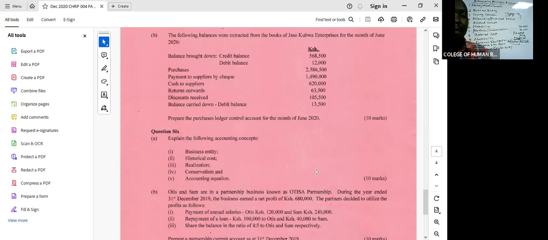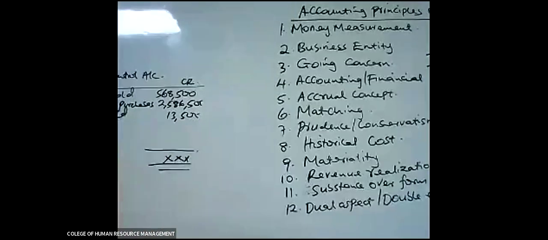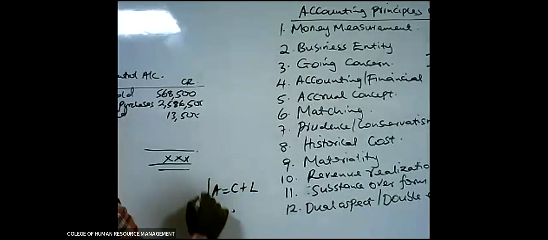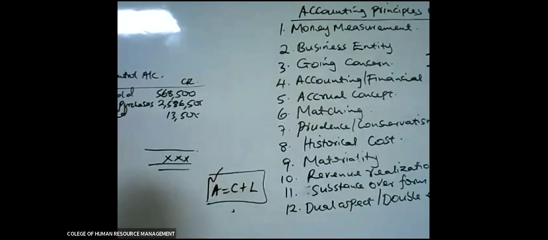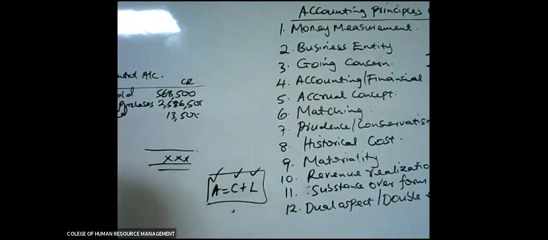So assets must be equal to capital and what? Liabilities. Assets at any given time must be equal to capital plus liabilities. This is the accounting equation. The value of assets must be equal to the sum of capital and liabilities combined.